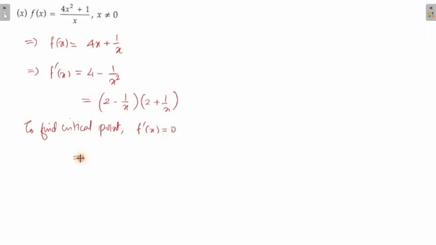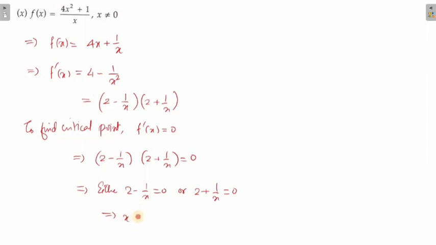That is, 2 minus 1 by x into 2 plus 1 by x equals 0. So see here carefully, you get either 2 minus 1 by x equals 0 or 2 plus 1 by x equals 0. From here you get x equals half or x equals minus half. So these are the two critical points.